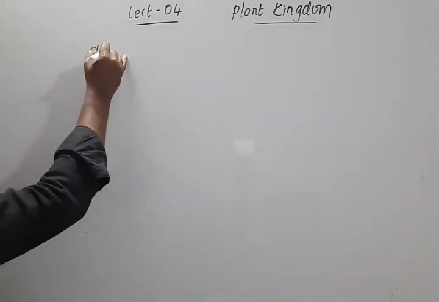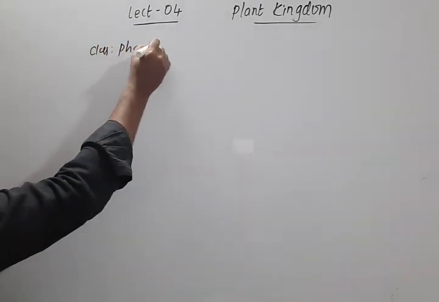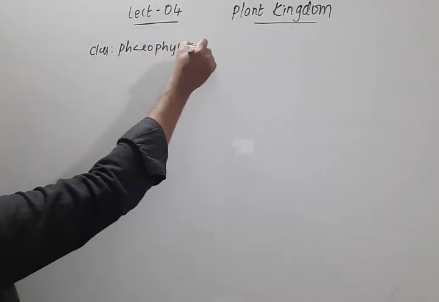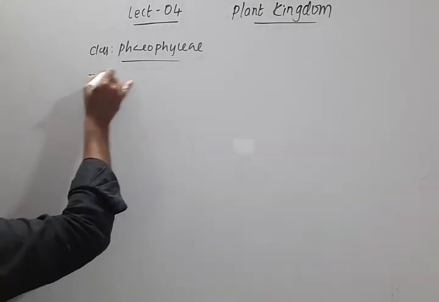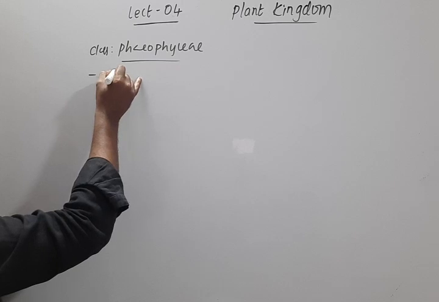The next class is Phaeophyceae. The members of Phaeophyceae are commonly called brown algae.